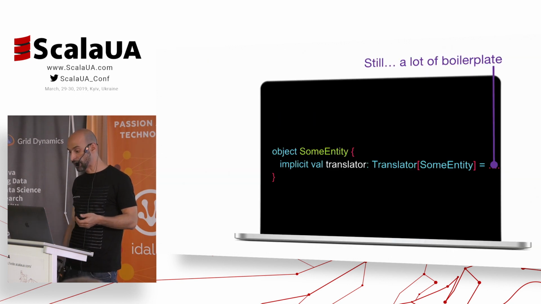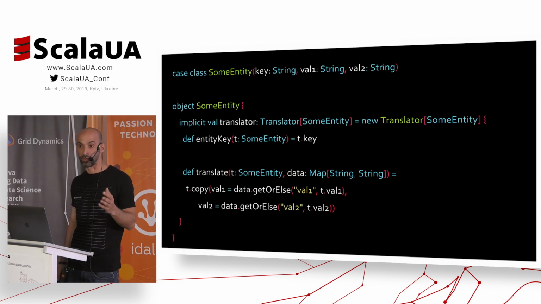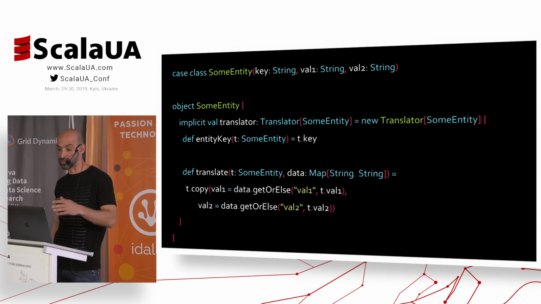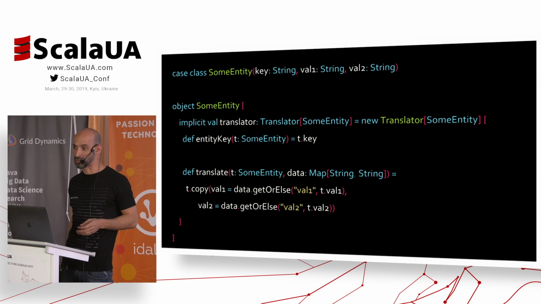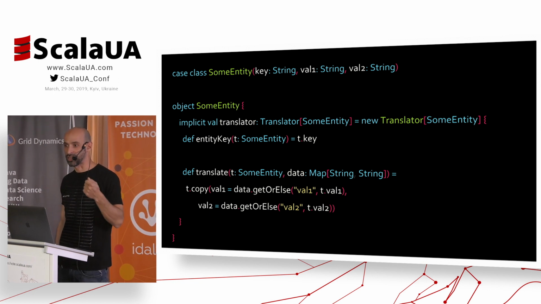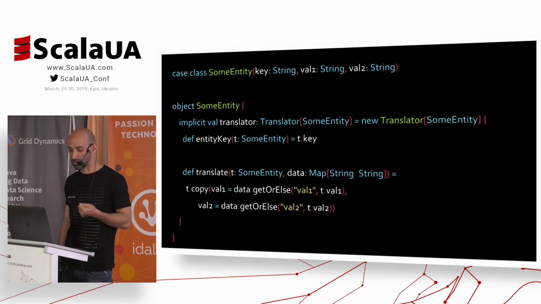So we got to the point where we have this implicit translator, but what is the code that we see inside it? For example, we have this case class, a very simple one. You have a primary key, which is the key. We have two values in it. I just put two of them just to show you how much boilerplate would be created from this class.